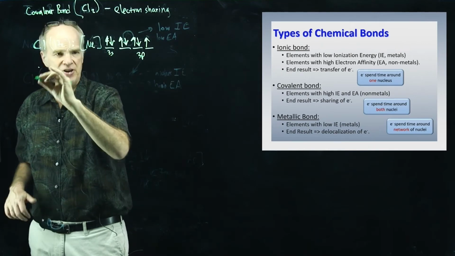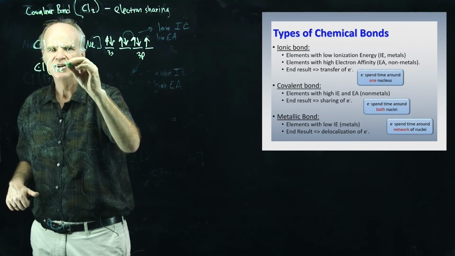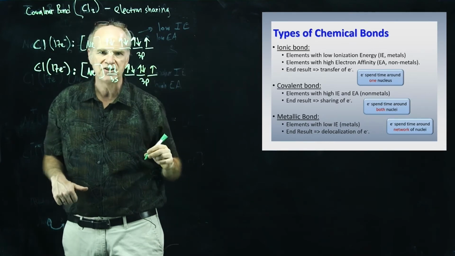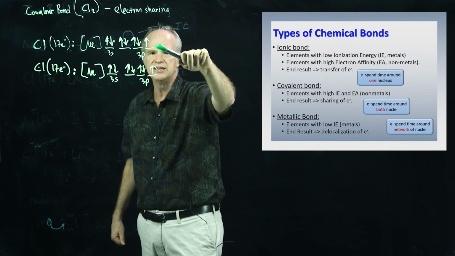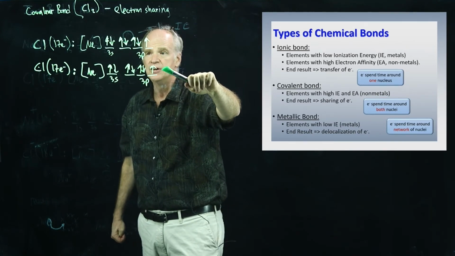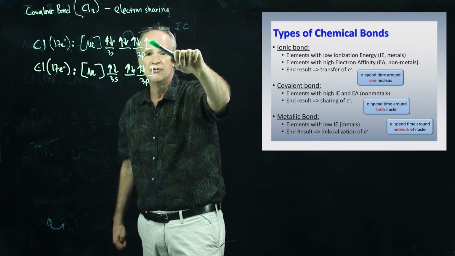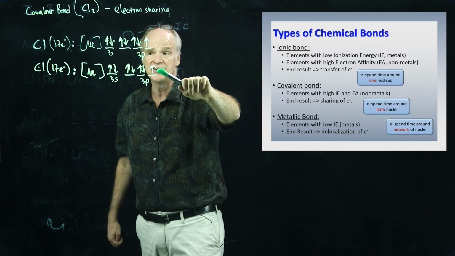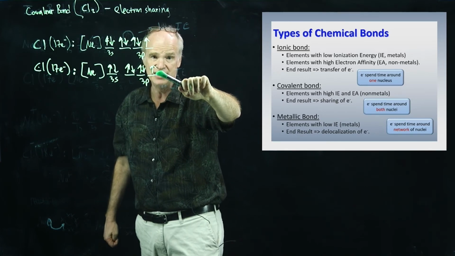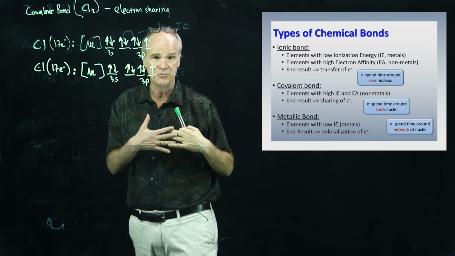Okay, and then let's say there's another chlorine atom with 17 electrons. So one question you might ask is, well, is it possible that maybe an ionic bond can form between, say, this chlorine atom with this chlorine atom? In other words, maybe an electron leaves this top chlorine forming a positive chlorine ion, and that electron travels to this chlorine forming a negative chlorine ion, and then as ions, the two chlorine atoms stick together.